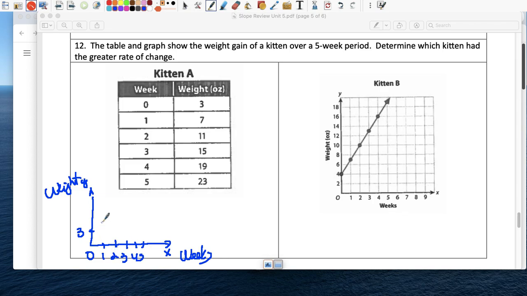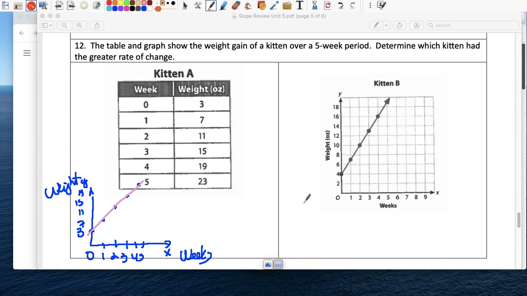At 1 week, the kitten is 7. And at 2 weeks, it's 11. And at 4, 15, etc. So 3, 7, 11, 15, 19. That's what this graph sort of looks like, and that graph.